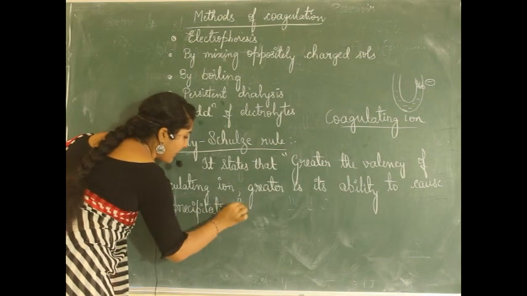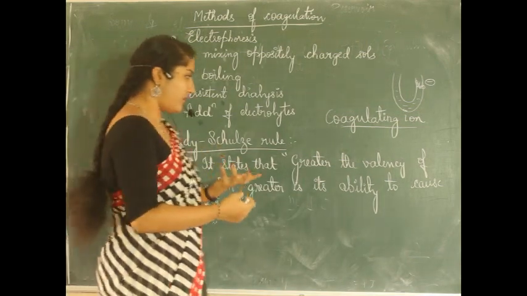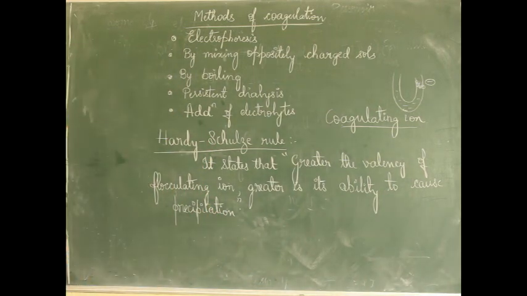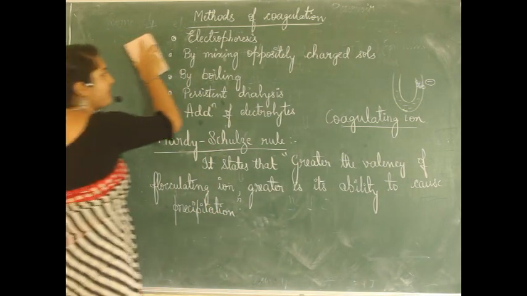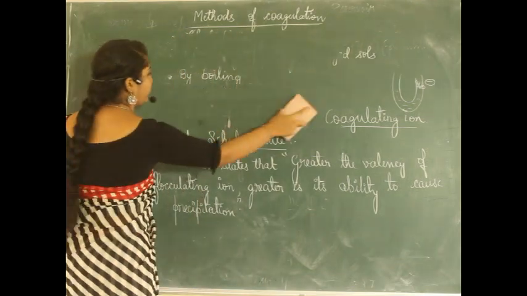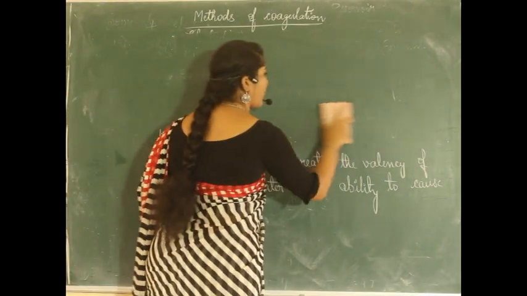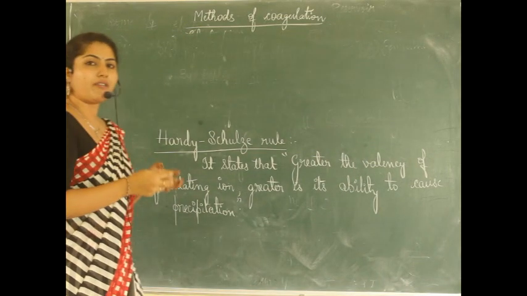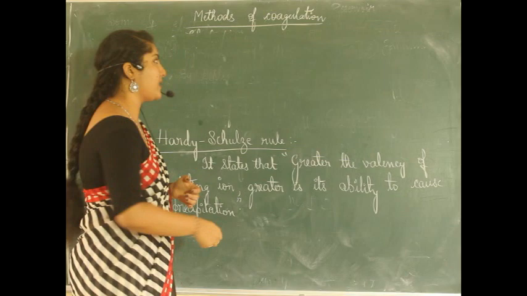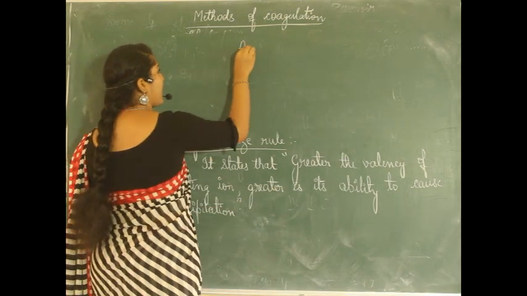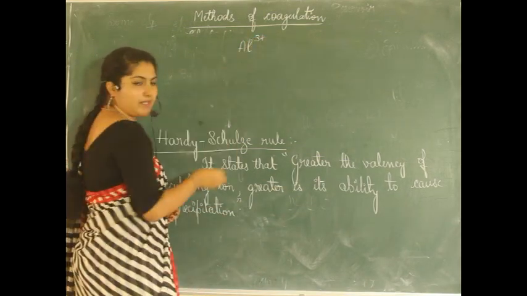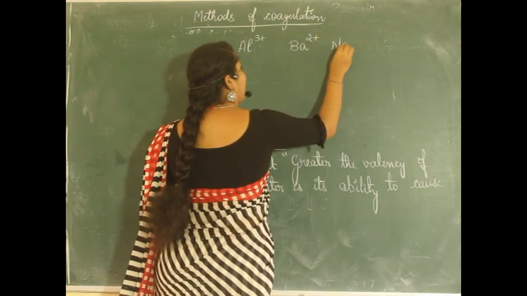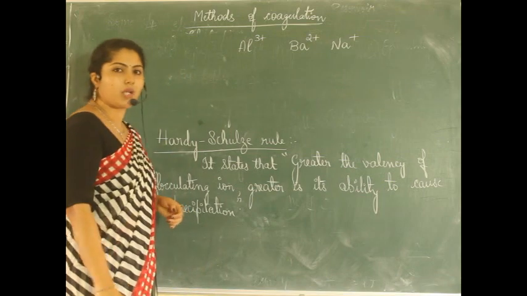Now let me give you some example along with which it will be clear to you of what this rule states. Suppose you have a negatively charged sol and you want to coagulate it. You have the positively charged ions Al3+, Ba2+, Na+.